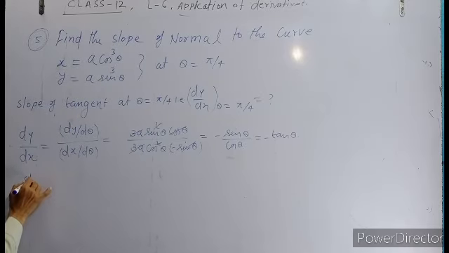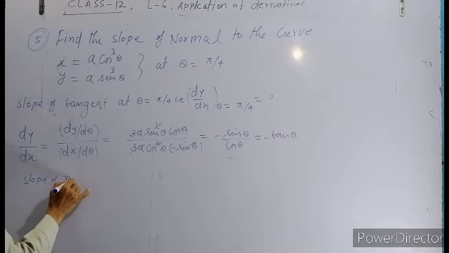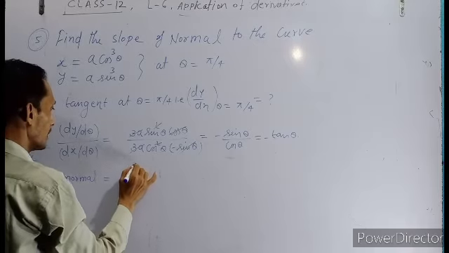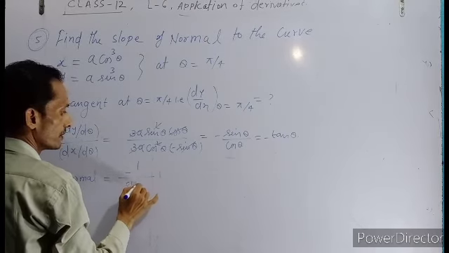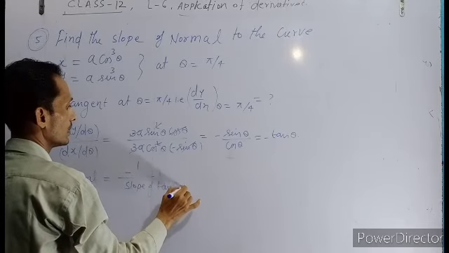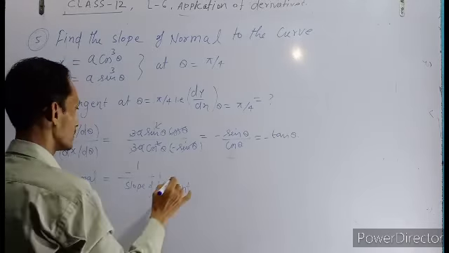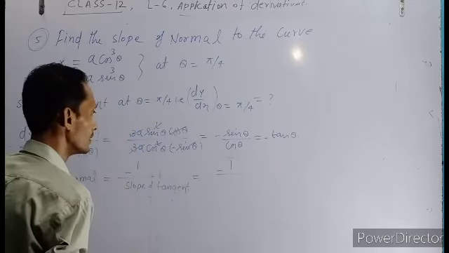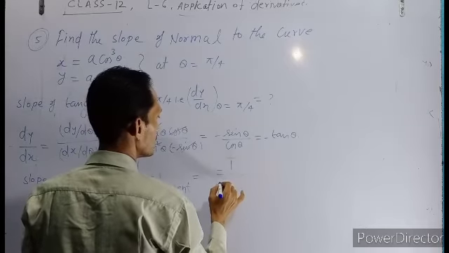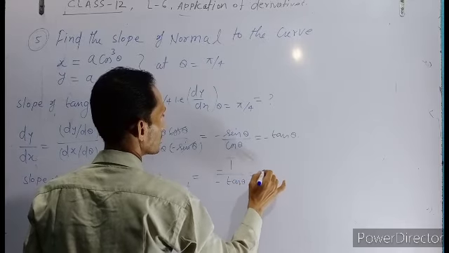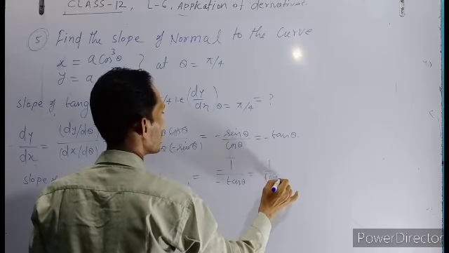You know that slope of normal equals minus 1 upon slope of tangent. The slope of tangent is minus tan theta, so the slope of normal is 1 upon tan theta.